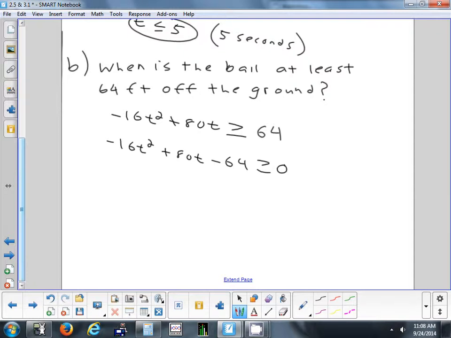Okay, and what do all three terms on the left have in common? They're all divisible by, yep, they are all divisible by 8, even bigger, 16. So what I'm going to do is divide everything by a negative 16. The reason I'm going to do a negative is because I'm going to end up factoring, and when we factor, we like the squared term to have a positive, not a negative.